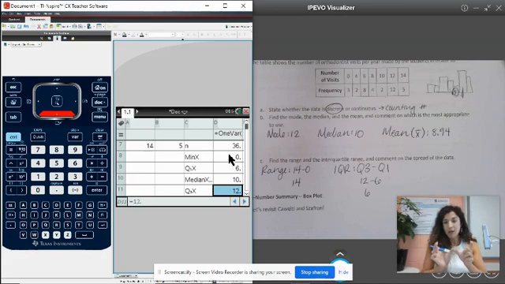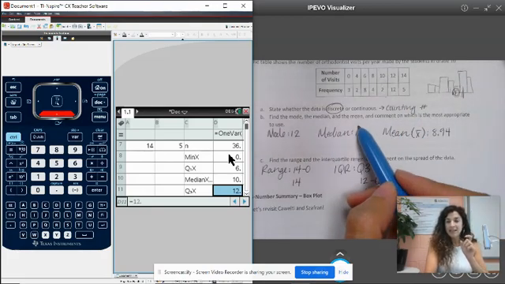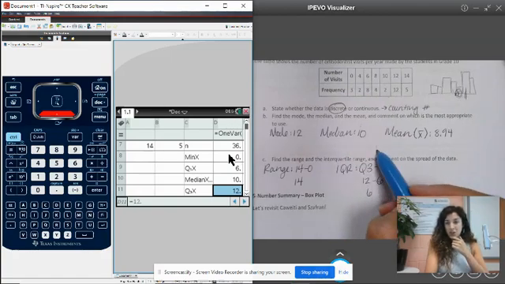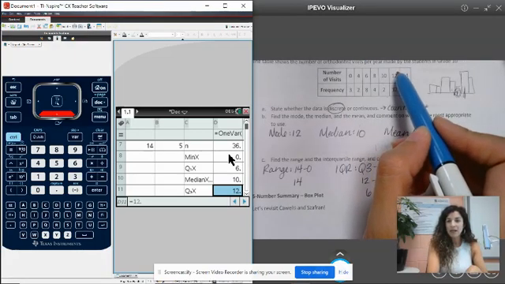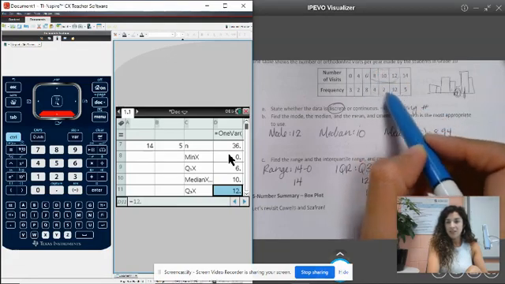If your mean is about 9 and your median is 10, then the interquartile range is going to be from like 7 to 13, 3 on either side of 10. And that's saying, hey, most of your data is somewhere between 7 and 13.